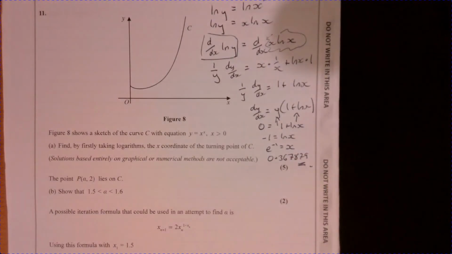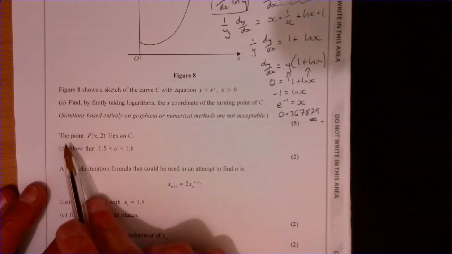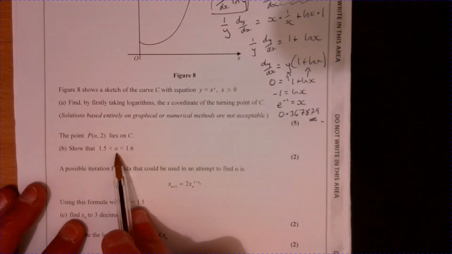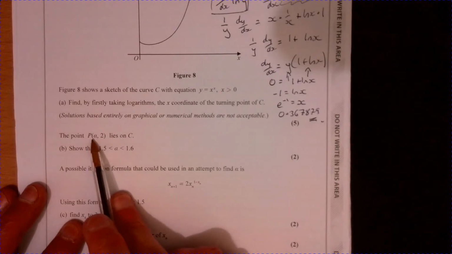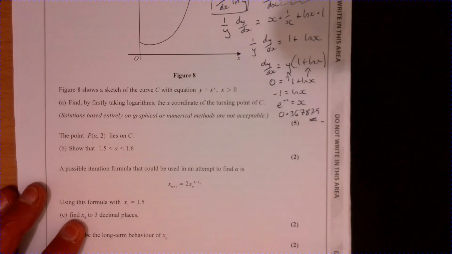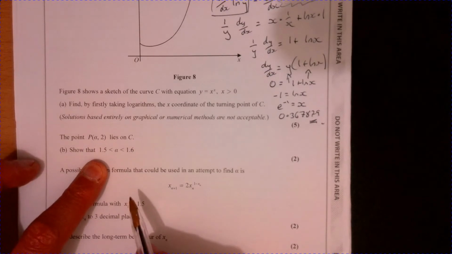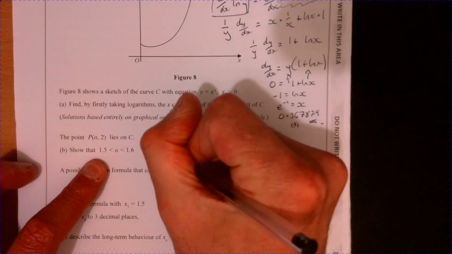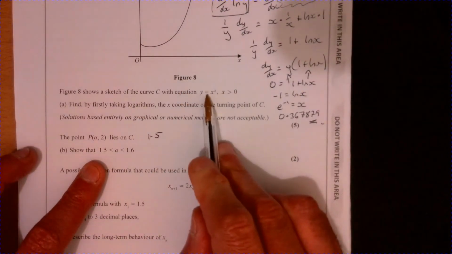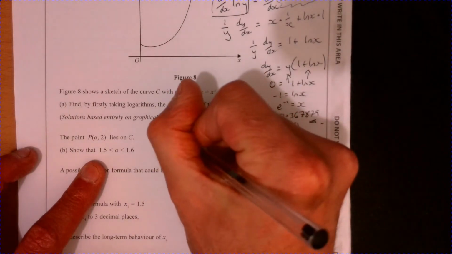Okay, so part B. We need to show that this point lies between 1.5 and 1.6. All you need to do is put 1.5 into this, so 1.5 to the power of 1.5.